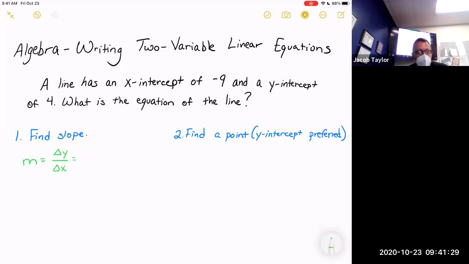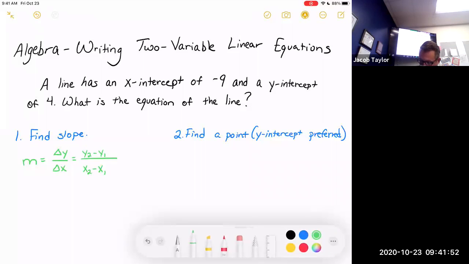I could technically make a graph of this, but that sounds like a lot of work compared to just plugging in a couple of numbers. It's y2 minus y1 over x2 minus x1. So in order to use this slope formula, I need 2 points. Do I have 2 points? Exactly right. We do have 2 points. They just weren't written that way.